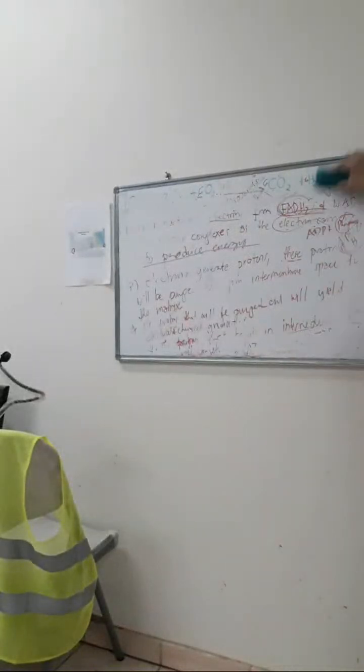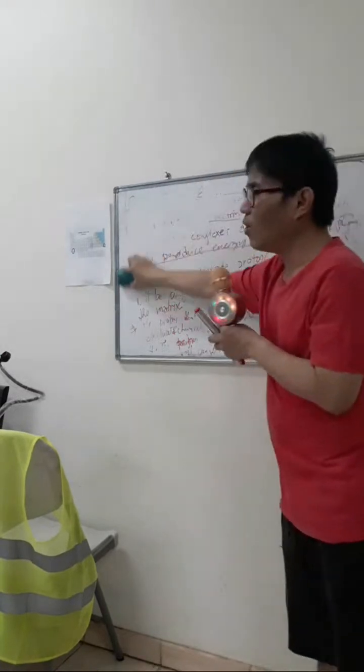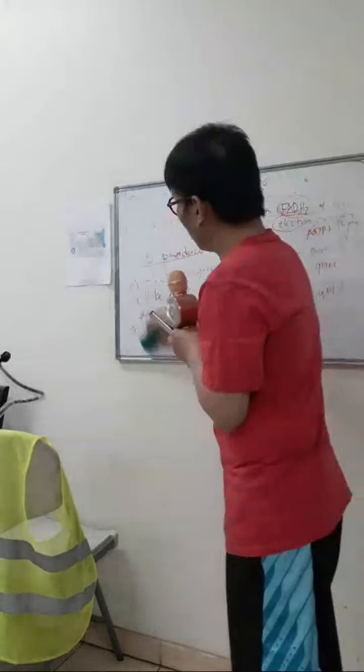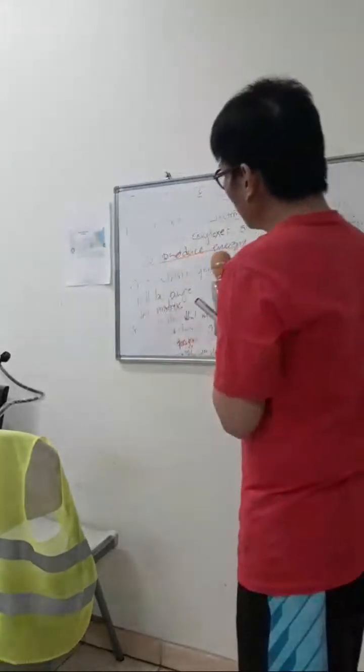It is evident in our discussion today that it needs electron carriers to produce these protons. If that is the case, it loses electrons, right? So that it will produce protons.